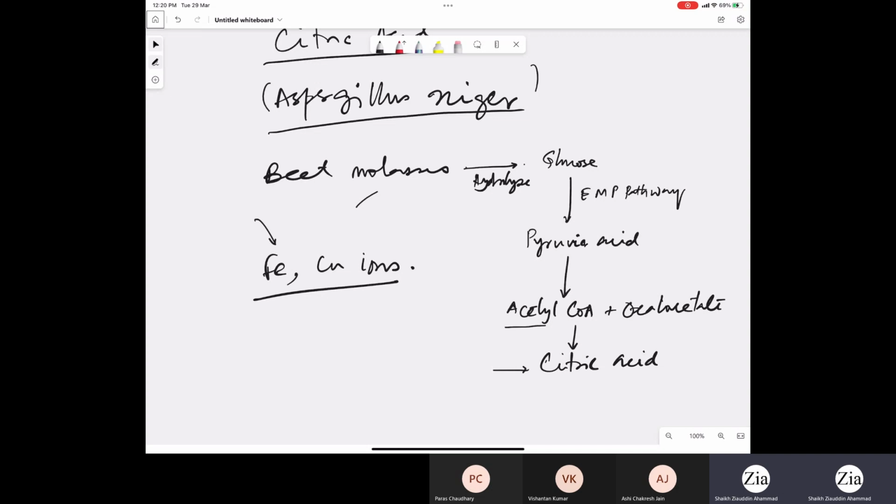So Aspergillus niger will produce different amylase and invertase. So in the hydrolysis part also, the same organism will help to produce glucose, and in the citric acid production also it will participate and produce citric acid from glucose.